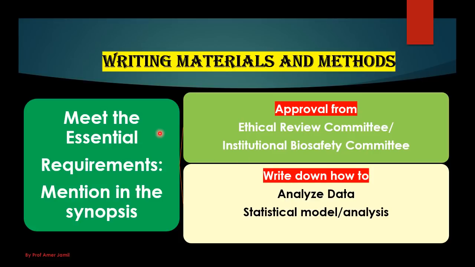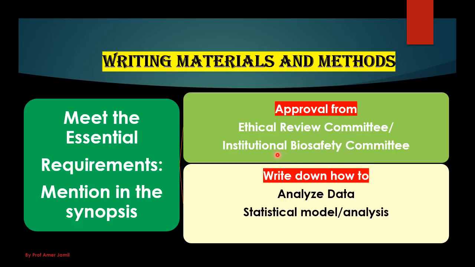You must meet the basic essential requirements of any research and mention those in the synopsis. If there are ethical considerations, like you're working on animal samples, or human beings are involved, or other social aspects in social sciences research, it has to go to the ethical review committee, and you should mention this in your synopsis.